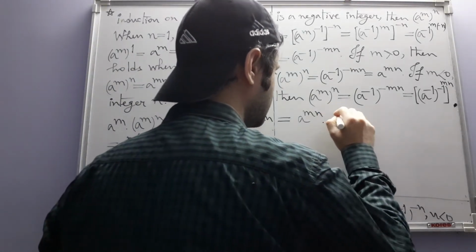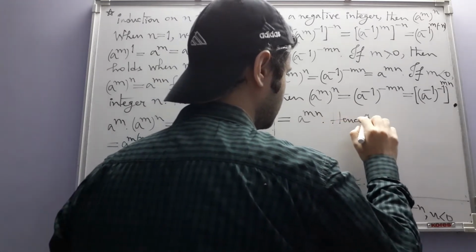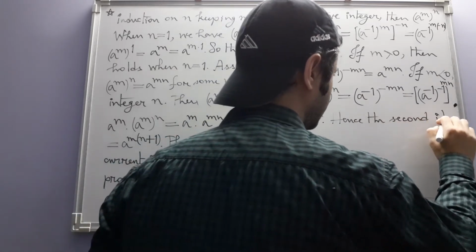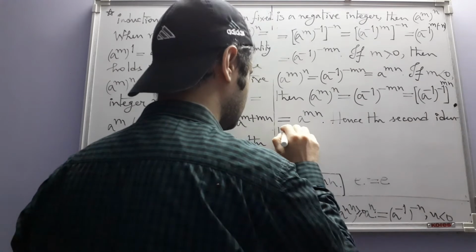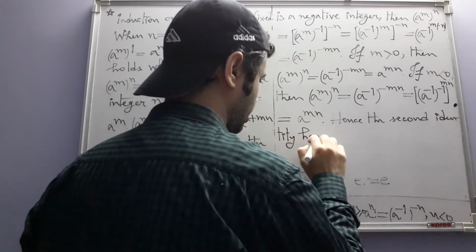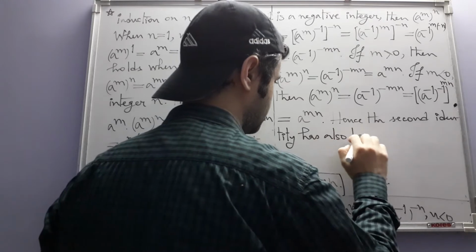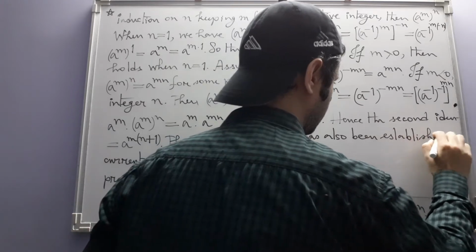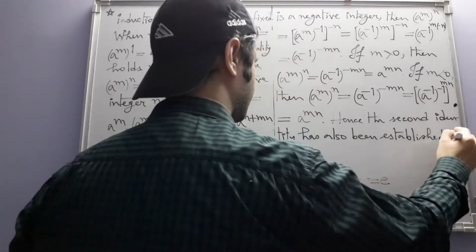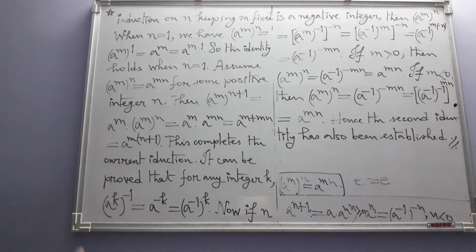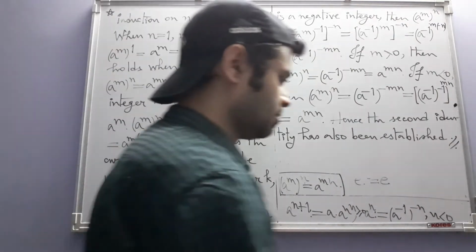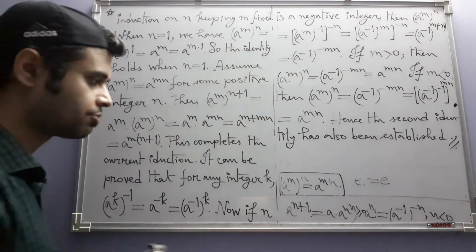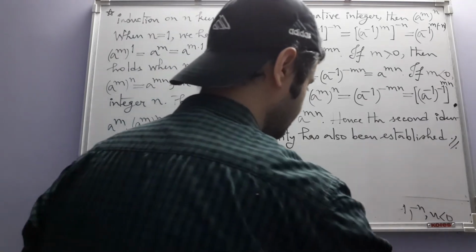We can write, hence, the second identity has also been established. Now we resume our exercises. We have the laws of exponents, or the rules of exponents, proved for us. We can now freely use them.